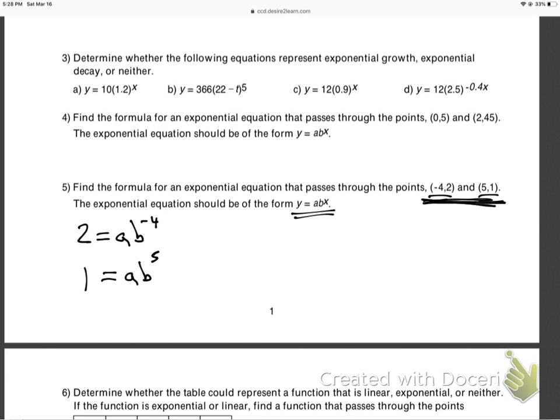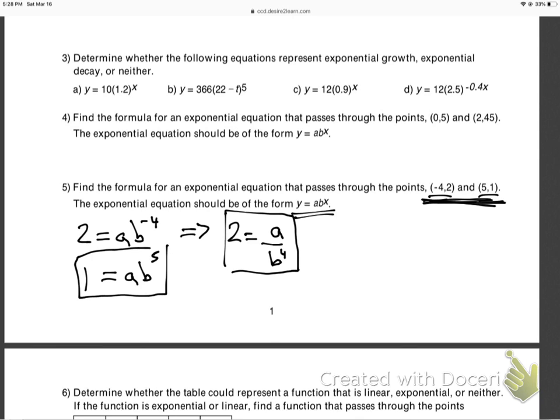Now, you could do this. This could become this. 2 equals a over b to the positive 4. If you know exponent rules, okay? I've just made the exponent positive. So I have either this to choose from or this to choose from.